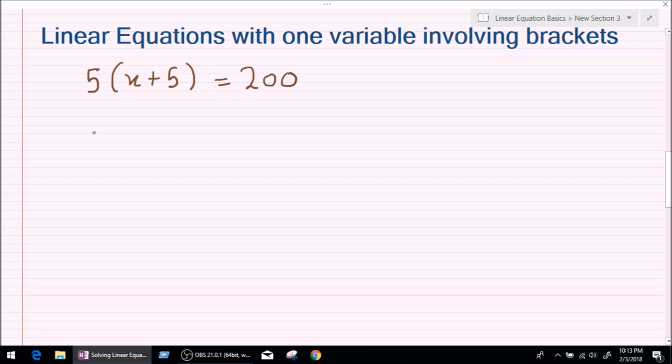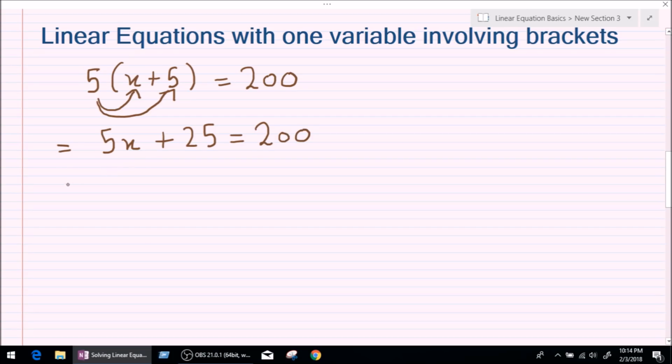Now we're going to break this bracket by applying the distributive law: if any operation is applied to this group of numbers or variables added together, it is going to be applied to every element of the brackets, which means 5 multiply x and 5 multiply 5. So let's write 5 times x, which is 5x, and 5 times 5, which is 25, and also a plus because they are separated by the operator plus, equals 200.